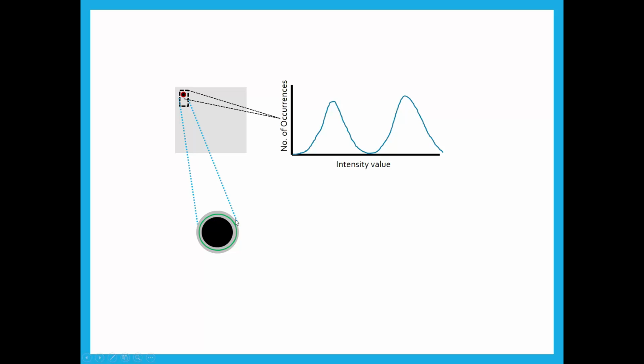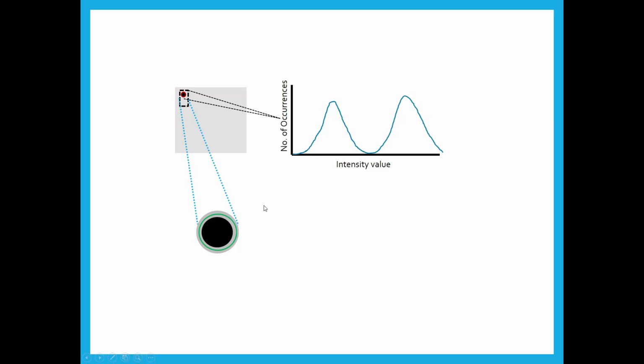One is that the probability of a pixel belonging to the background and the probability of a pixel belonging to the object are nearly equal. At the same time, the area of the object region and the area of the background region, which are used for the computation of the histogram, are almost the same. So that will make the histogram symmetrical also.